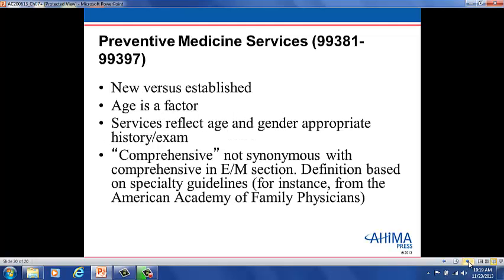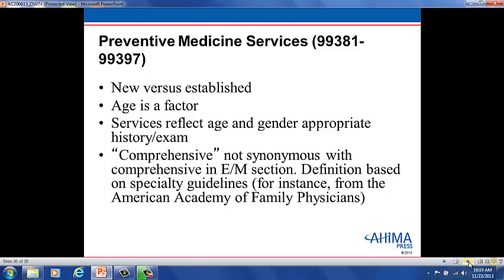In preventive medicine services, 99381 through 99397, there is a distinction between new and established patients. Age is a factor. There will be children, child, and through older person. Services reflect the age and gender appropriate for the history and exam.